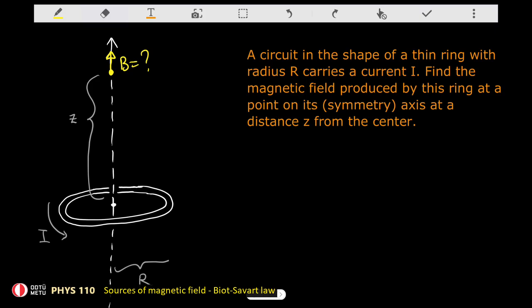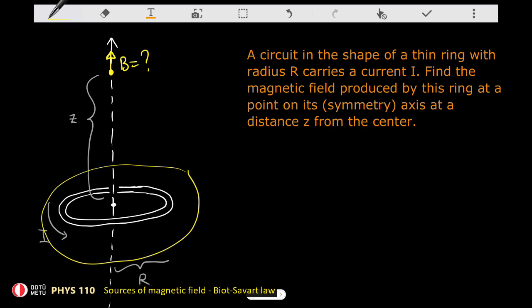There's a special reason why I'm interested in this problem, because I'm going to think of this shape as a generic dipole. So I'm going to take the limit where z goes to infinity, in which case the circuit is indistinguishable from a point dipole.